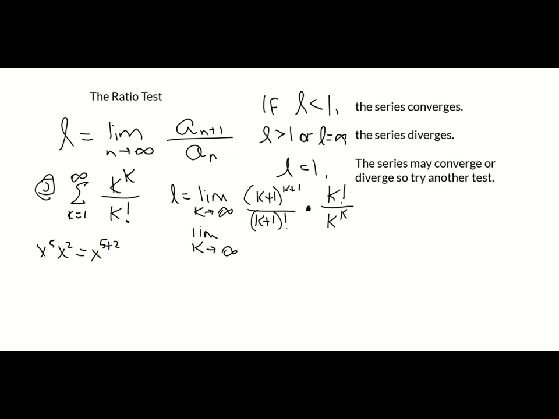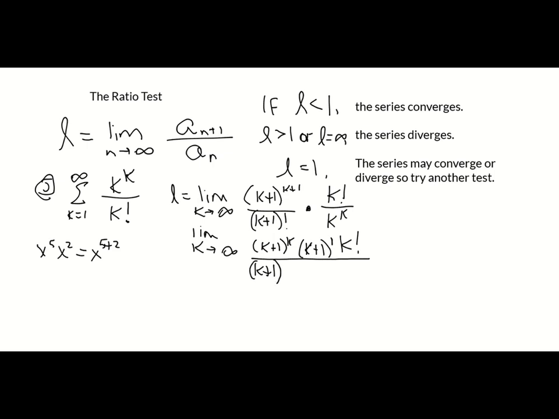I want to split that into two separate bases, k plus 1 raised to the k power times k plus 1 raised to the 1st power, and then I'm going to multiply that by k factorial, all divided by k plus 1 factorial, which would mean k plus 1 times the number that came before it.